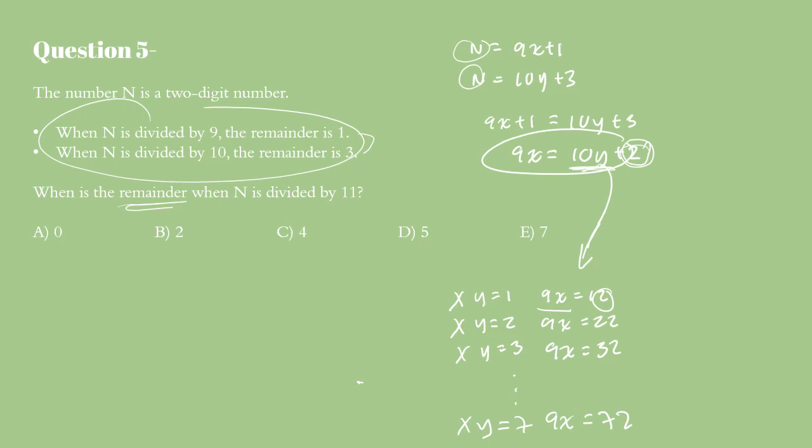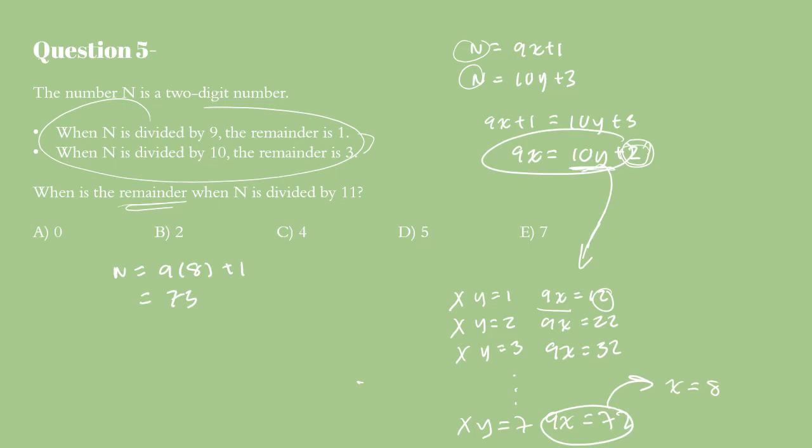Okay, so 9x equals 72 would mean x equals 8. So we can either plug in x or y into their respective equations to figure out the value of n. So n would equal, let's use x, 9 times 8 plus 1, that would be 73.